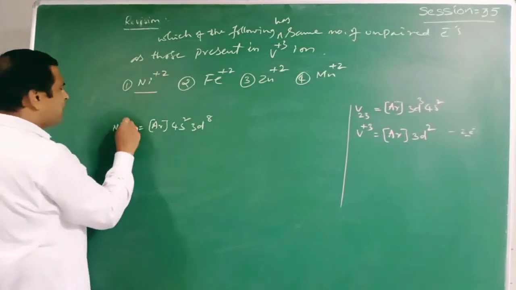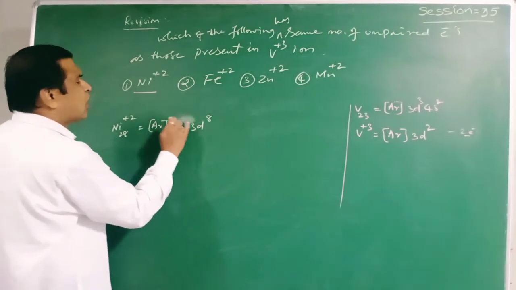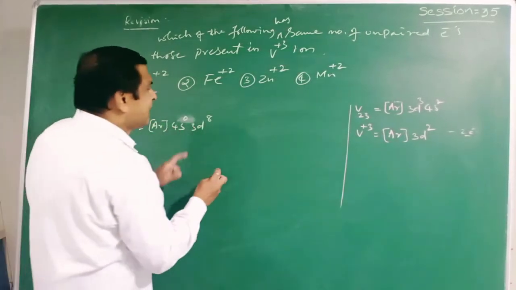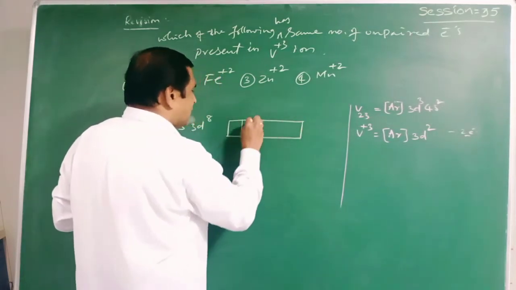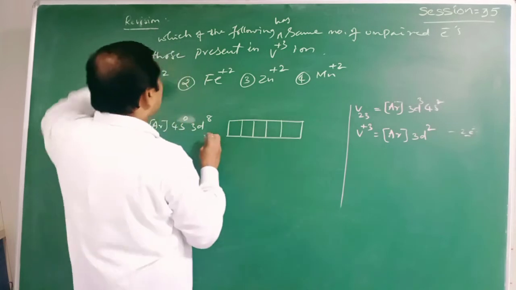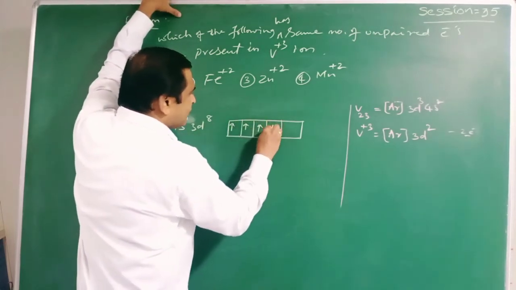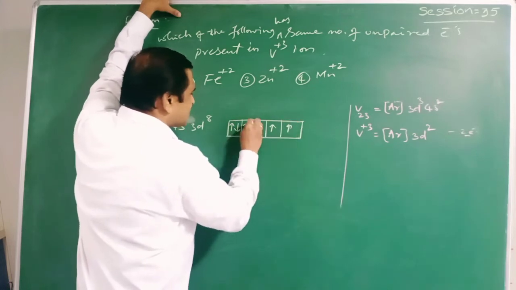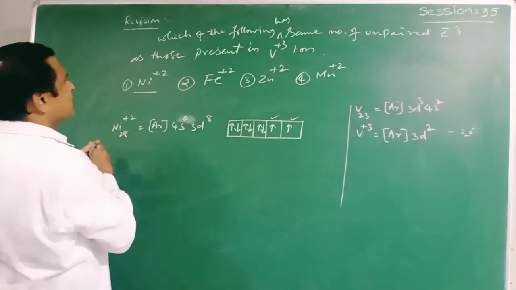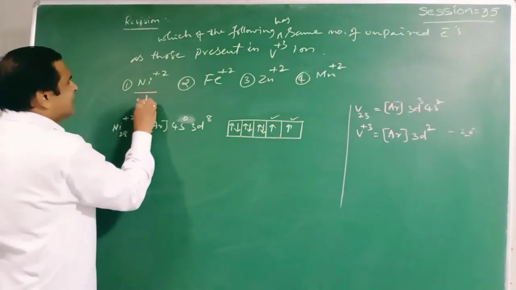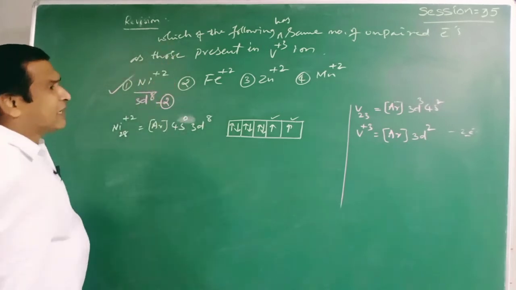Nickel plus 2 means it loses the outermost 2 electrons, the 4s electrons are gone, so 4s0 3d8. With 3d8 across the 5 d orbitals, it has 2 unpaired electrons. Yes, this will be the right answer for us.